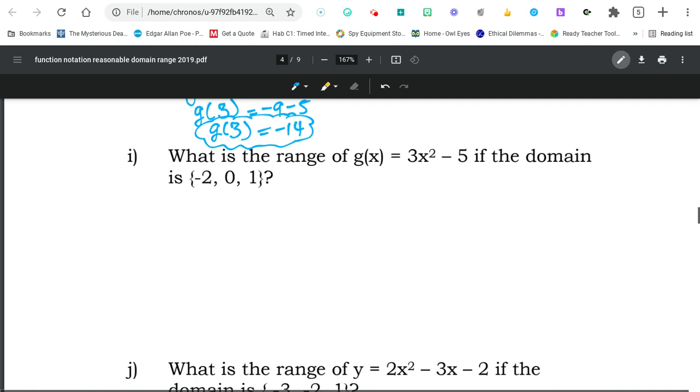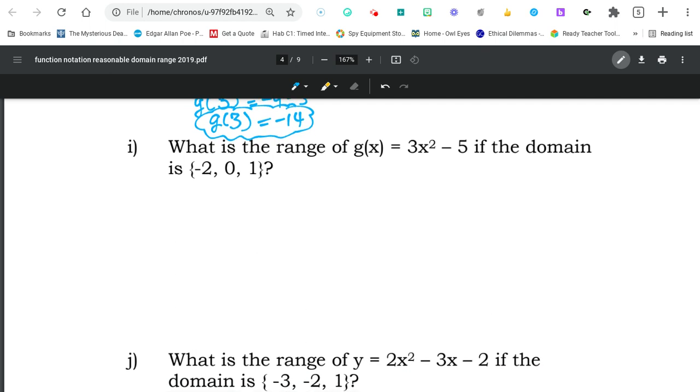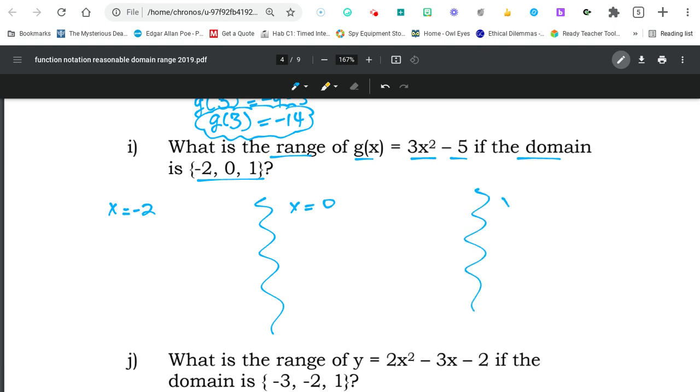All right, I is a little different. I'm going to do I, and I'm going to tell you to pause the video and try J. Let me go over I. It says, what is the range of g of x equals 3x squared minus 5 if your domain is negative 2, 0, and 1? Well, this time, how many x values do you have? You have 3: an x of negative 2, an x of 0, and an x of 1.